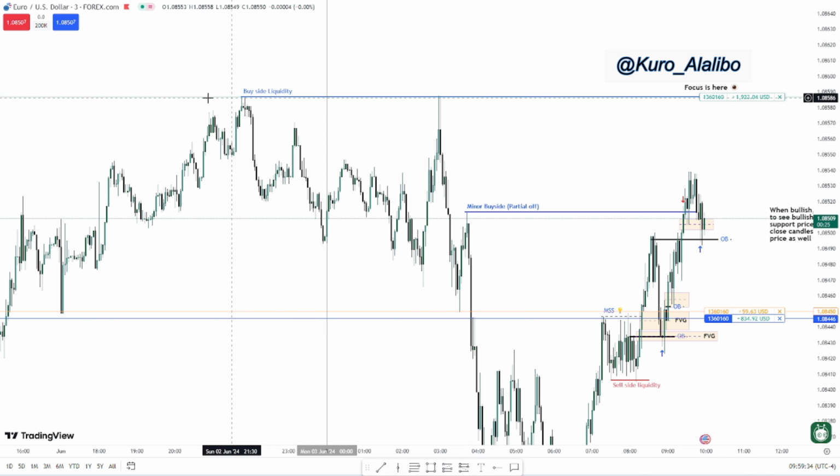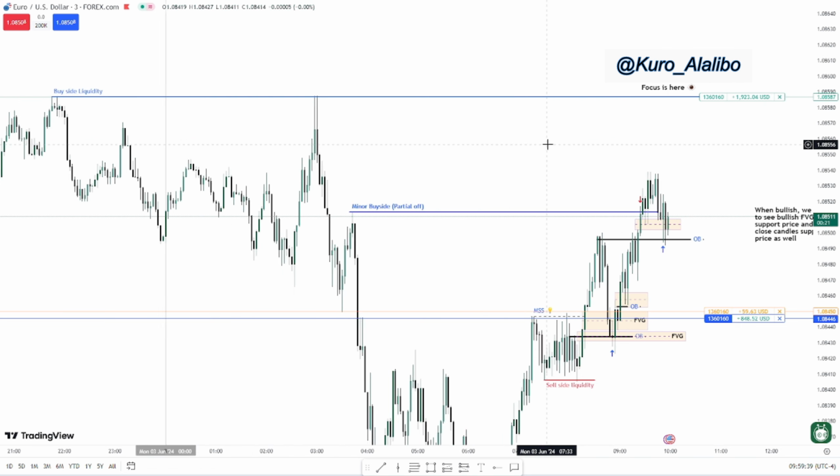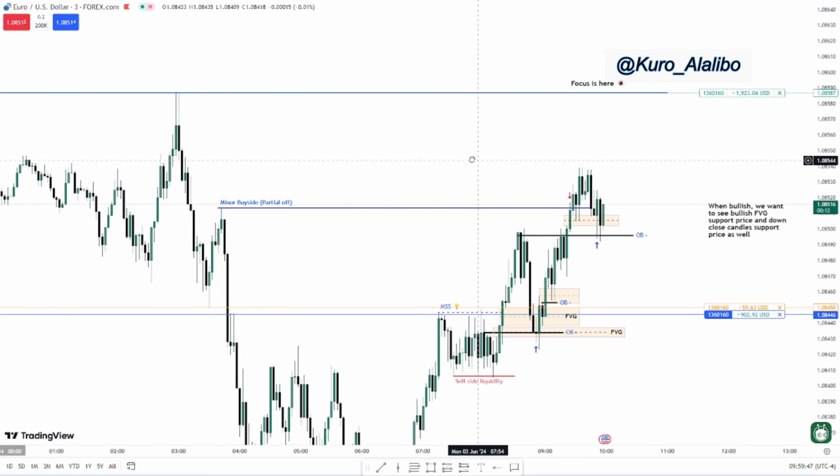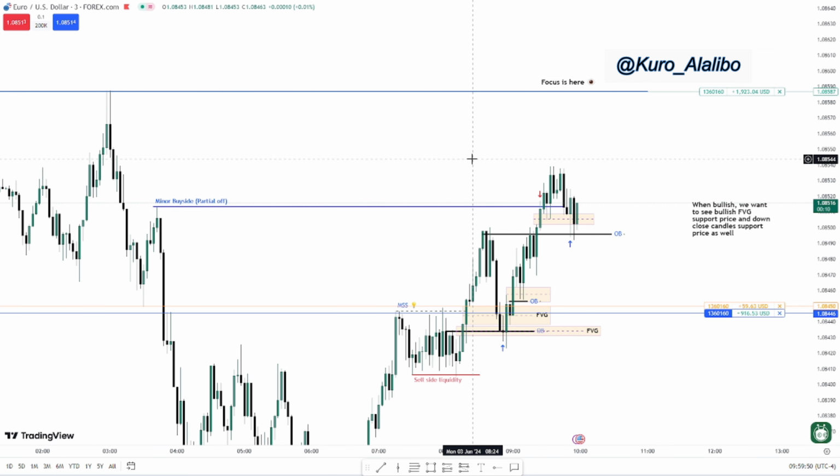This is a target that they will use either today or at a later time during the week. So that's why I'm comfortable holding this trade into the news events. We have just above 10 seconds till the news is released, and we'll see how price trades going into the news events.